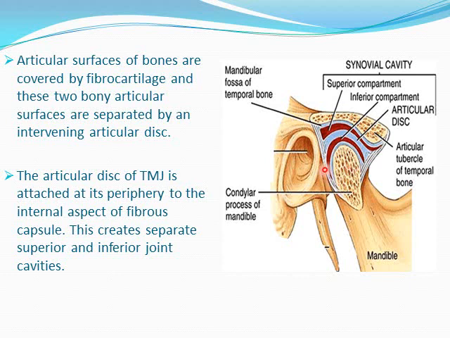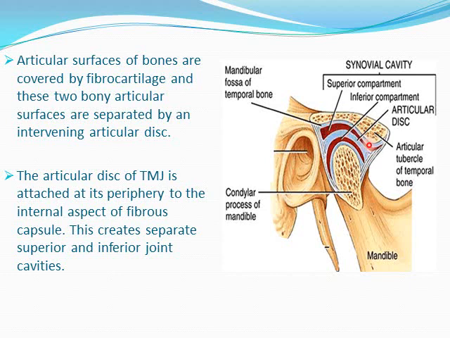Now these bony surfaces are covered by the fibrocartilage, and there is an interarticular disc in between these two articular surfaces. Now this articular disc is attached at its periphery to the fibrous capsule of the temporomandibular joint and divides the joint cavity into two compartments.